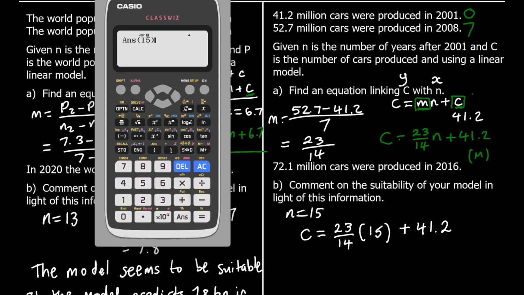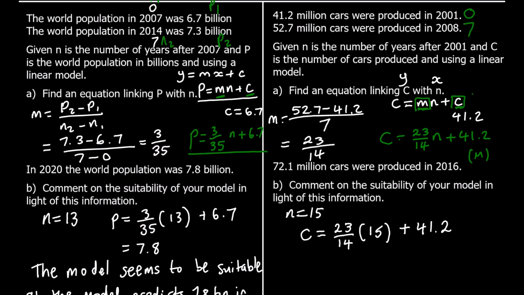So answer times 15 plus 41.2 gives us 65.8 million.